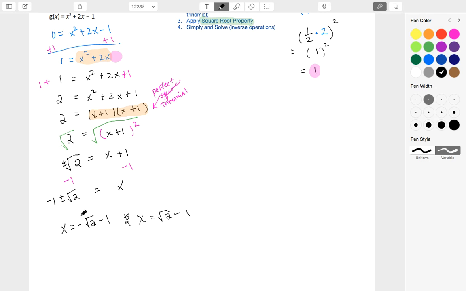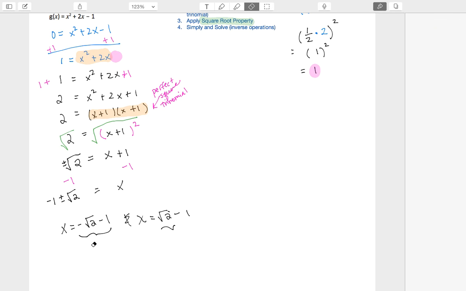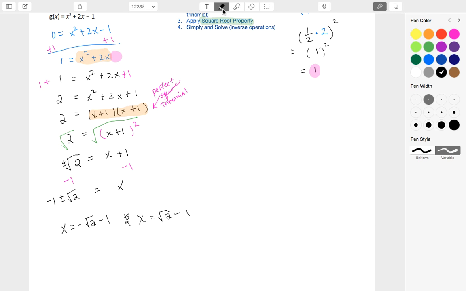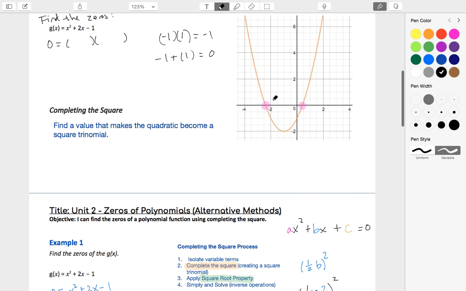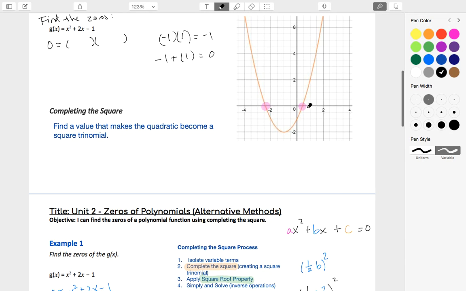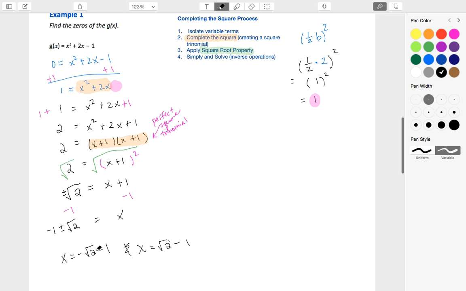Now, notice that these are not whole numbers. And that's exactly what you want, right? Because we notice back up here that these are not exactly touching the corners of the grid points on our graph paper. So that means that they are not exactly whole integer values, but they do have zeros.